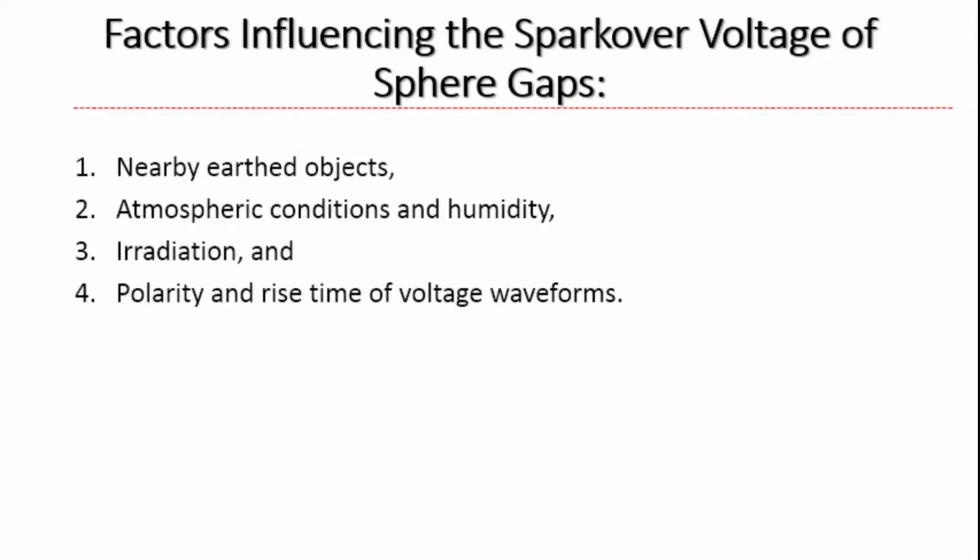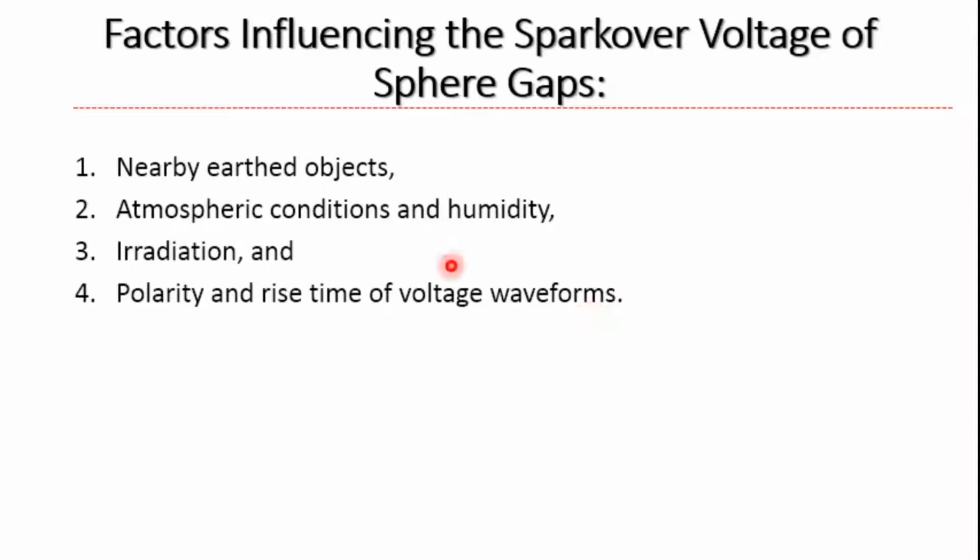Then coming to the factors influencing the spark gaps. These are the four things. First one is nearby earth object. Next one is atmospheric condition and humidity. Next is irradiation. Next one is polarity sensitivity and the rise time of the voltage waveforms.